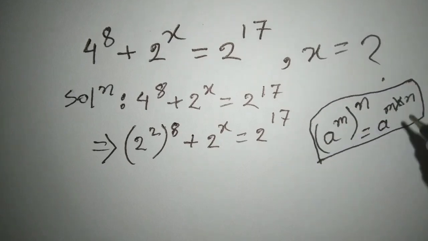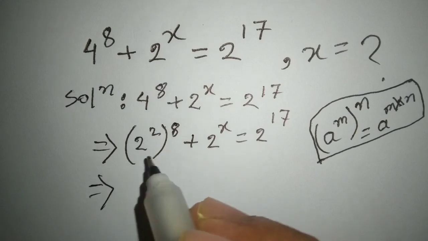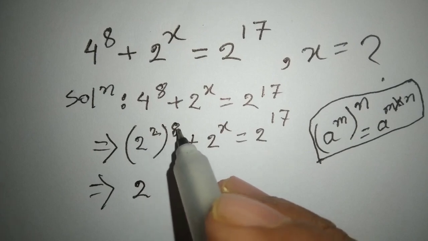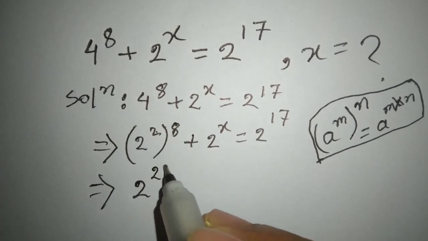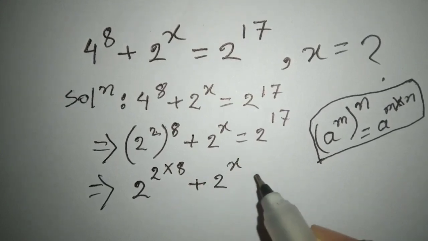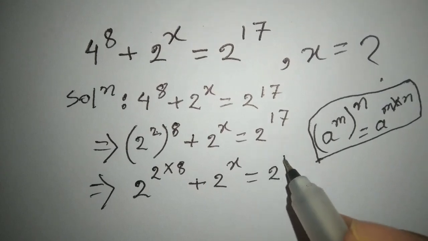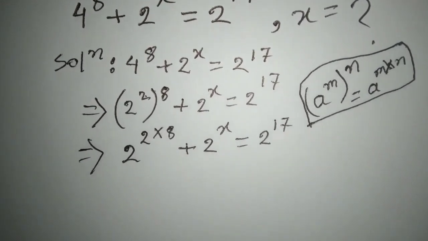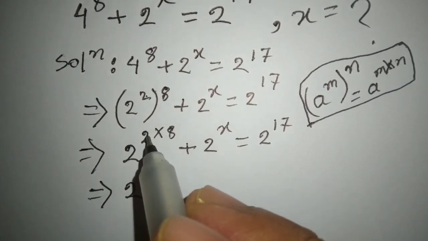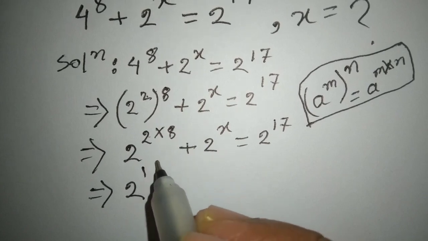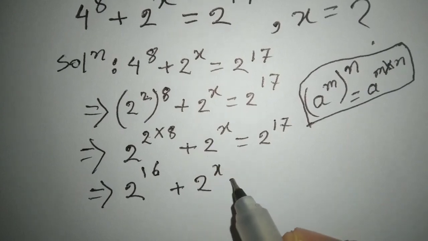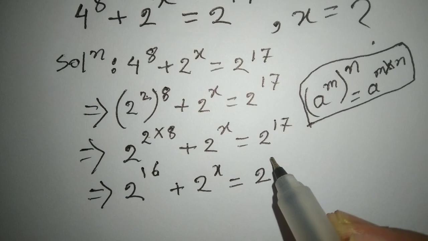According to this formula, we can write this line as 2^(2×8) + 2^x = 2^17, or 2^(2×8) is 2^16, plus 2^x equals 2^17.